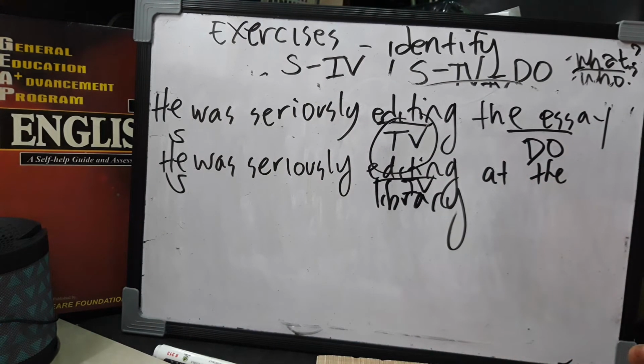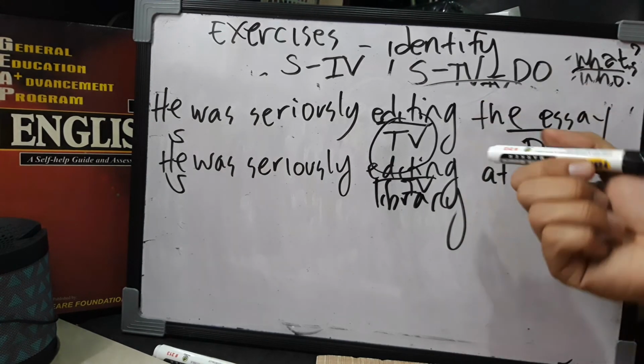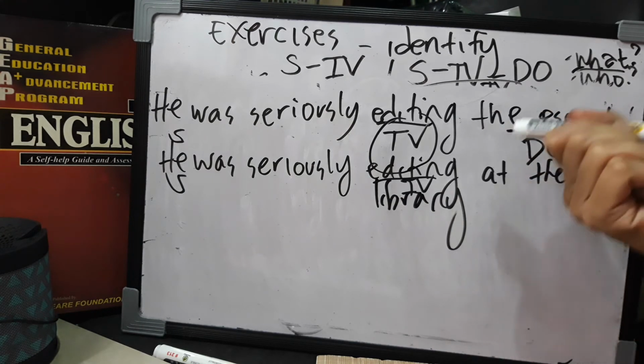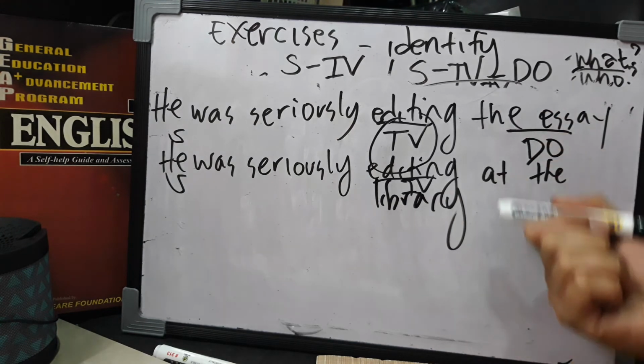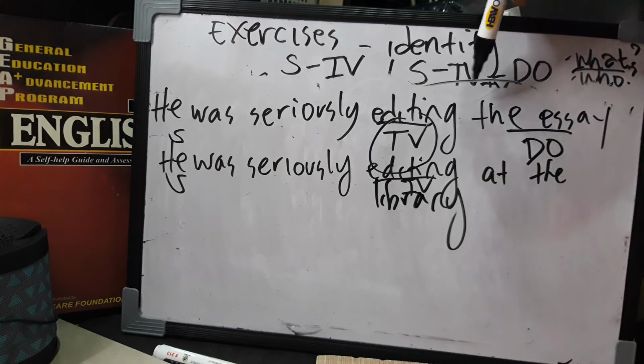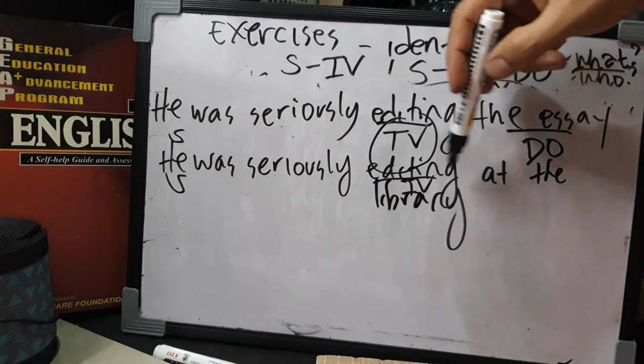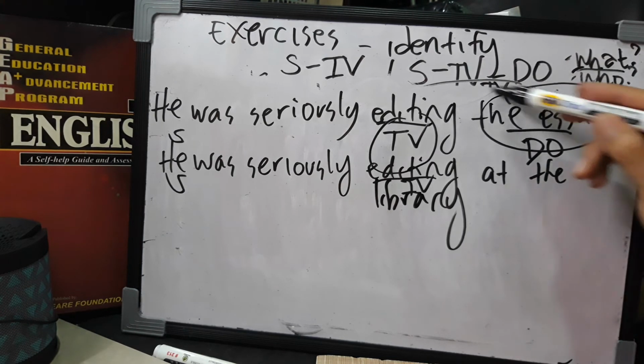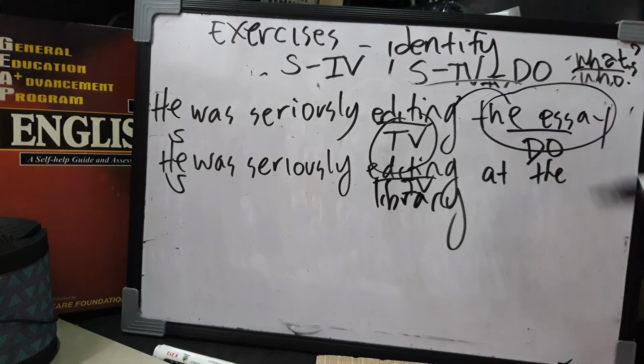Okay, now guys, you might be wondering up to this point, teacher, why in this case can I use a transitive verb? In this case, I use an intransitive verb. When do I prefer using the verb as a transitive verb? And when do I prefer using the verb as what? Intransitive verb. In this case, if you focus on the object, what was he editing? Then you emphasize it, you write the direct object.